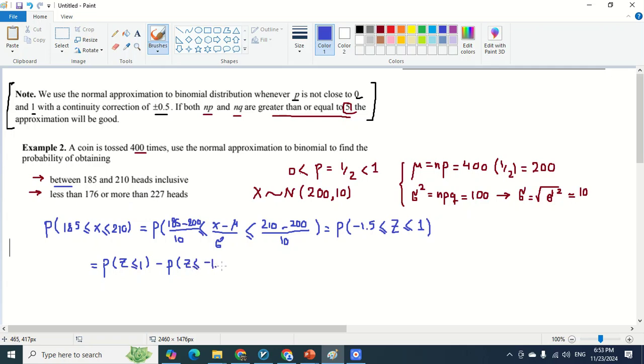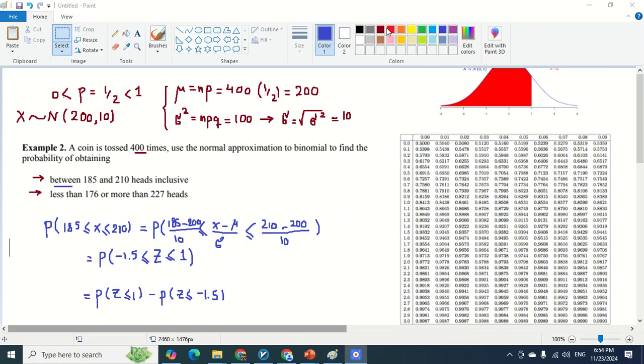The first number should be found from the positive table. Let us take a look at the positive table. Inside the table you can find the value. If you just take a look at the table, the value of 1 is here, and the second digit is 0 as well.